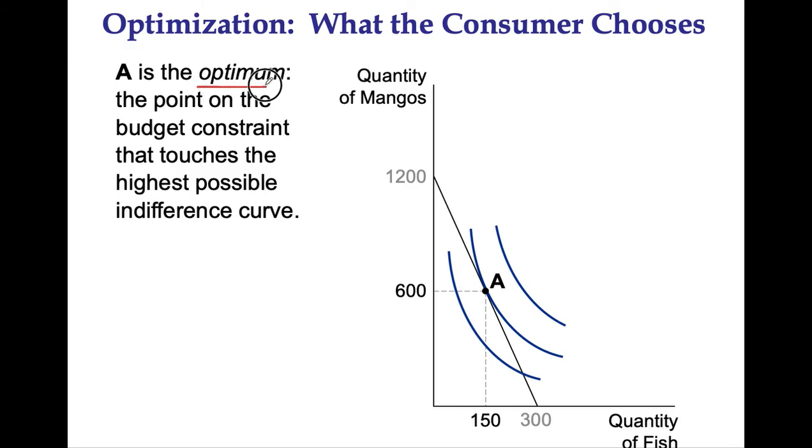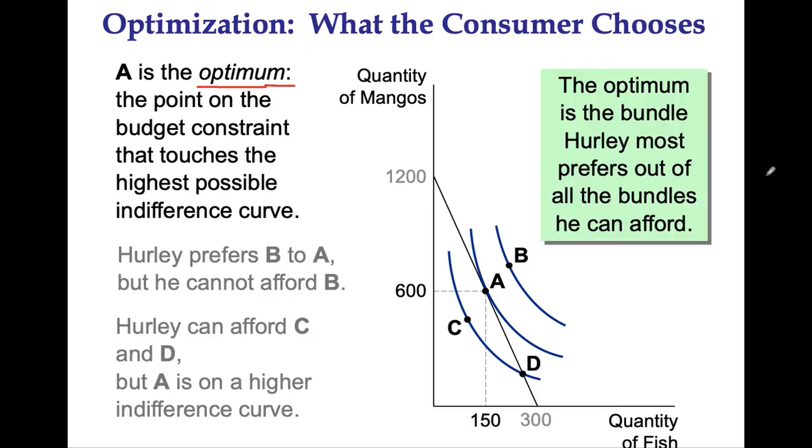The optimum. Why is it the optimum? It is the point on the budget constraint that touches the highest possible indifference curve. The optimum is the bundle the consumer most prefers out of all the bundles he can afford.